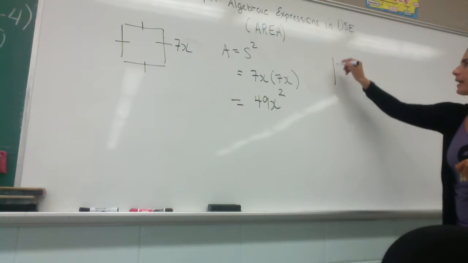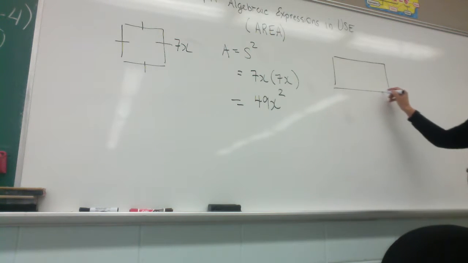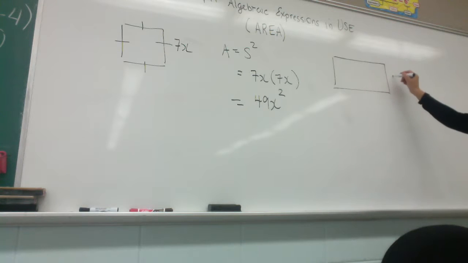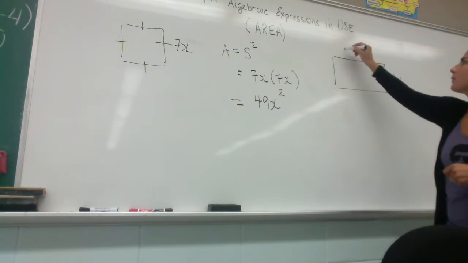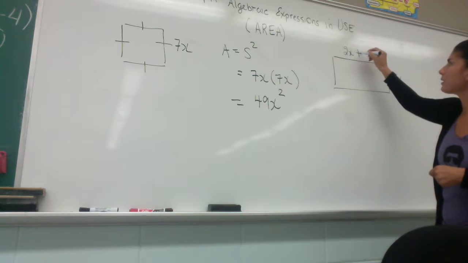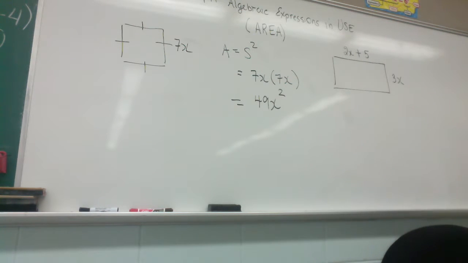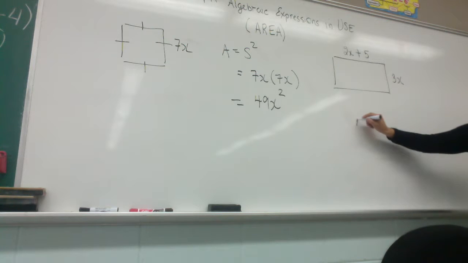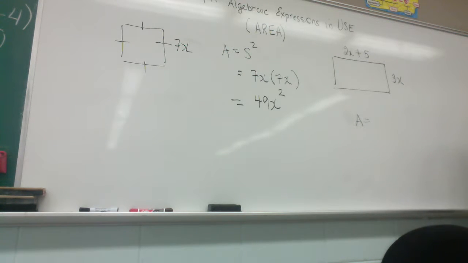Let's take a rectangle and make the width 3x and the length 2x plus 5. So the area of a rectangle, I heard it earlier, was length times width.